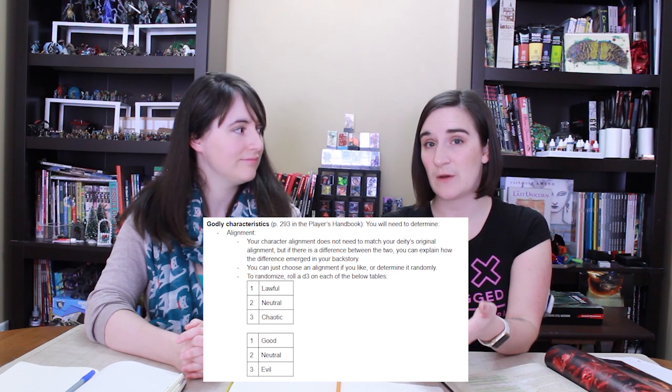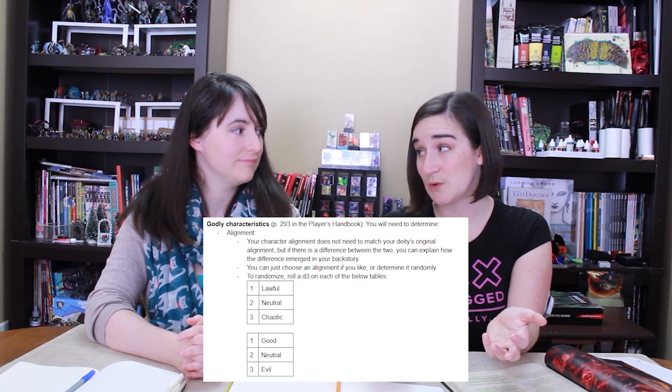So part of our character background allows you to determine what those things were for you when you were a god. Right. So just like everything else in a background, we created some tables that you could roll on to randomly determine your alignment, your domain, and your holy symbol. Although the holy symbol, not so much, because it was very difficult to find a way to randomize that. So any suggestions are welcome. Yes, for sure. But yeah, we created these tables to allow people to randomize it if they wanted to, but you could always just choose whichever one you wanted.